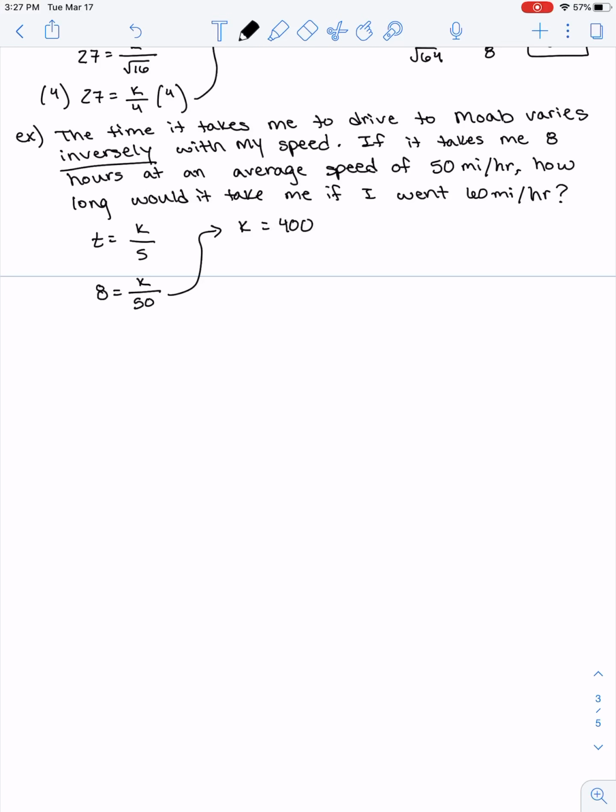So that means my model is time equals 400 over speed. So how long would it take me if I went 60 miles an hour? Well, I'll say, okay, 400 over 60 miles per hour. So I'm going to divide 400 by 60, and I see that it'll only take me 6 2/3 hours. And that makes sense. The faster I go, the sooner I should get there.